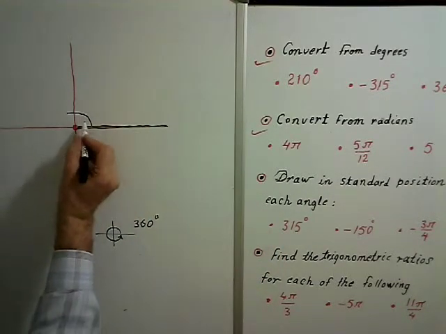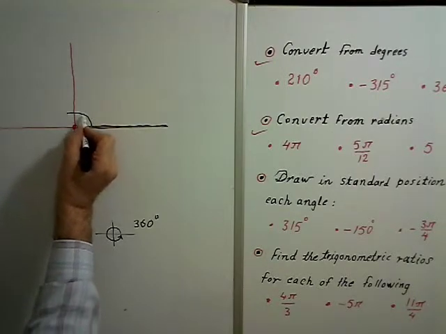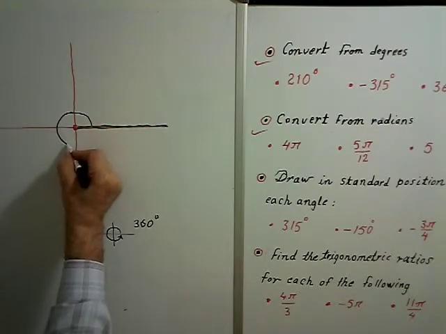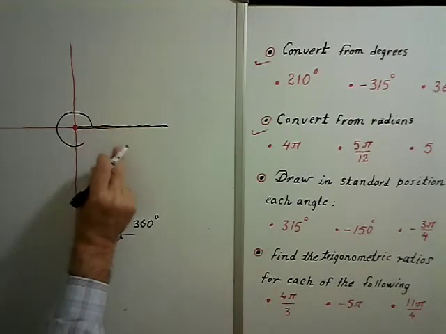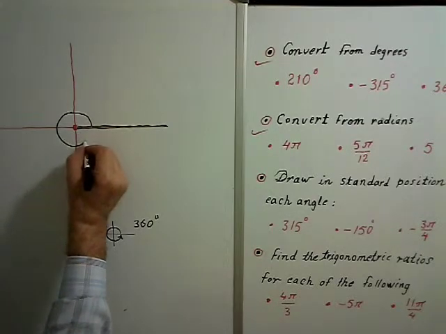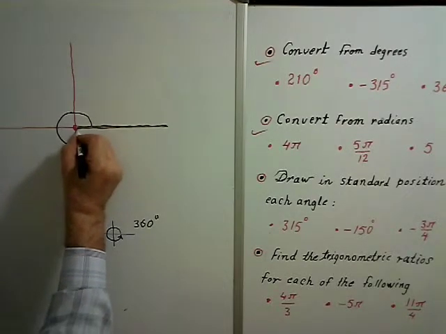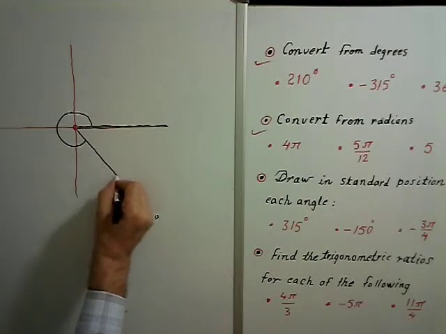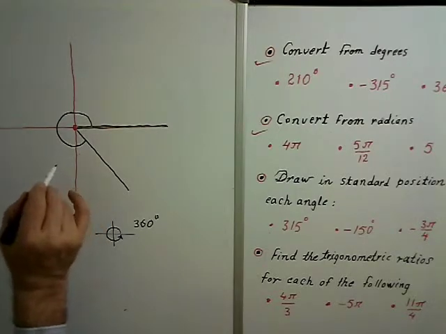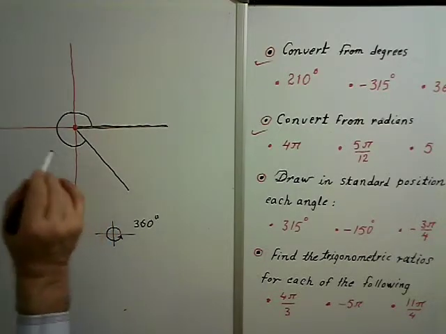So we will start from here and move all this distance until we get to half of the fourth quadrant, and consider it the final or terminal side of the angle.